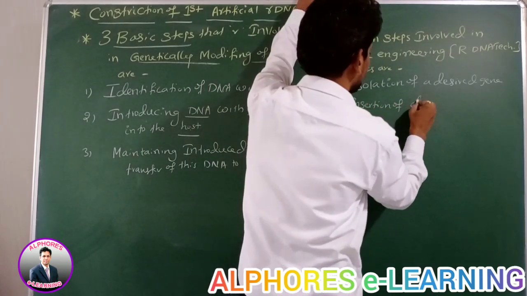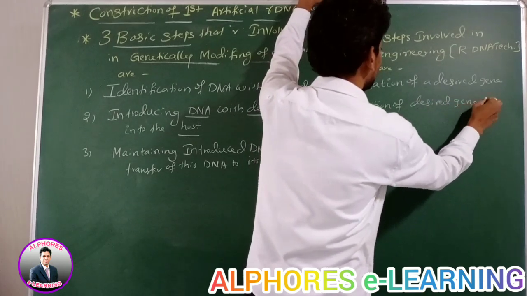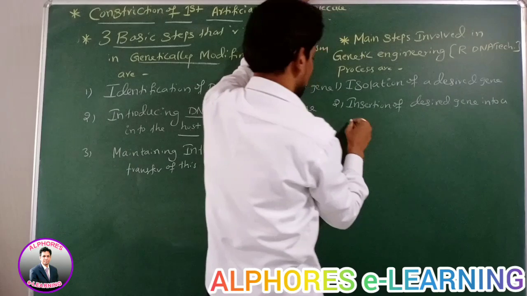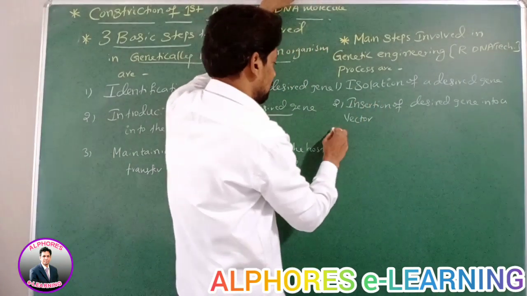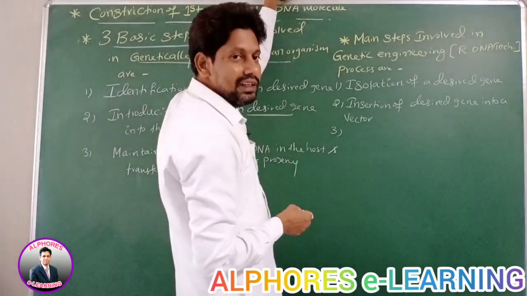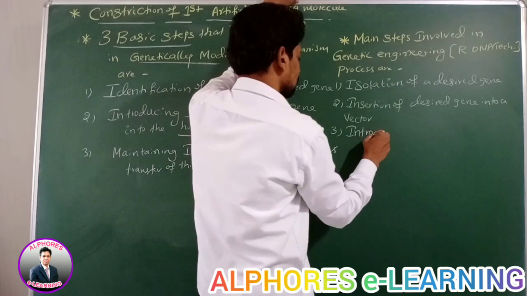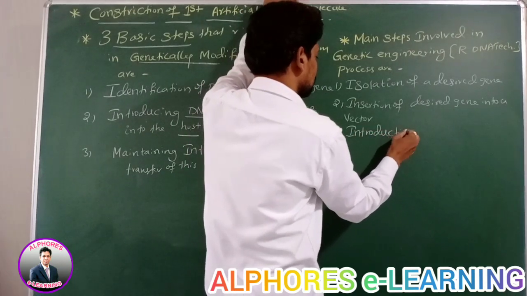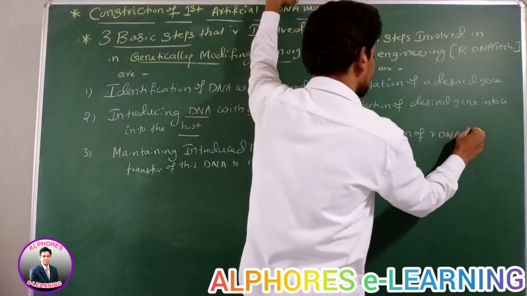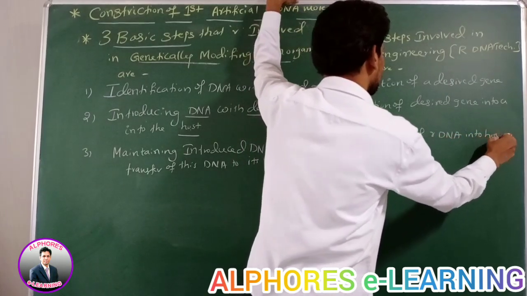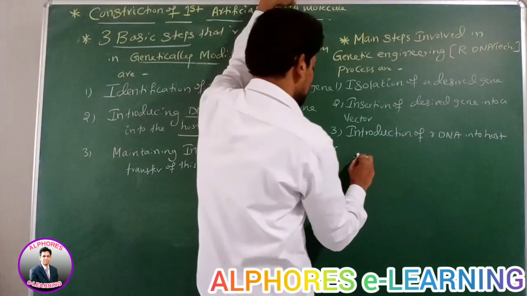Number two, insertion of a desired gene into a vector. Next, number three, introduction of rDNA into host. Number four, selection of transformed cells.